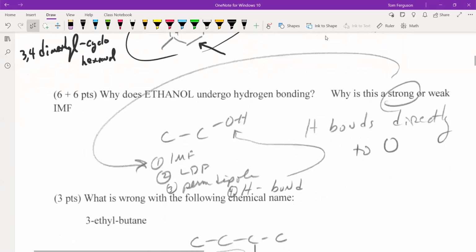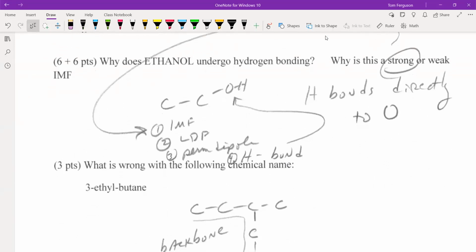Okay, why does ethanol undergo hydrogen bonding? Well, you've got this OH on there. The OH is very polar. In my previous classes, I went into exactly what all the intermolecular forces are per molecule. That's what these are here.